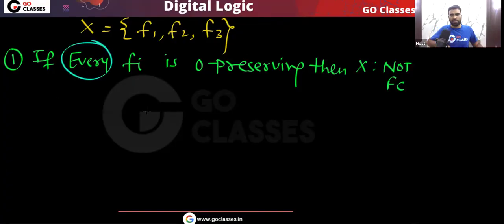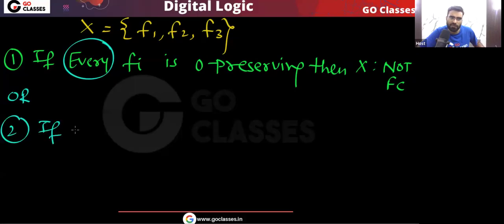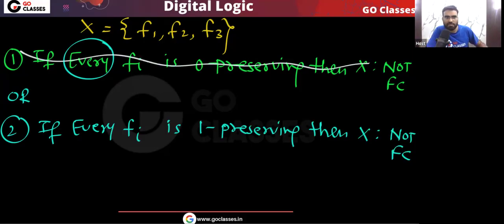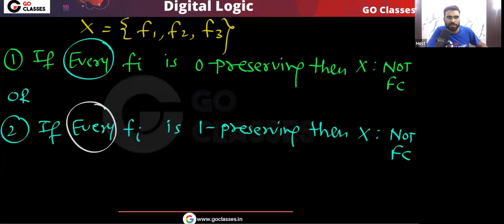Or if every fi is 1 preserving, then what will happen? Then also X is not functionally complete. Correct? Remember, if every fi is 0 preserving, then X is not functionally complete. If every fi is 1 preserving, then also X is not functionally complete.